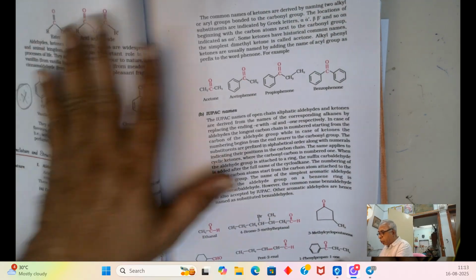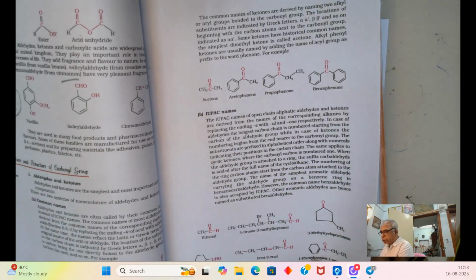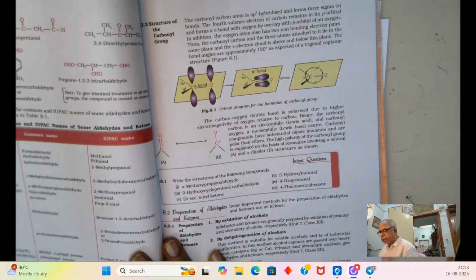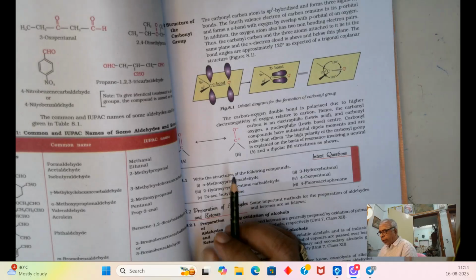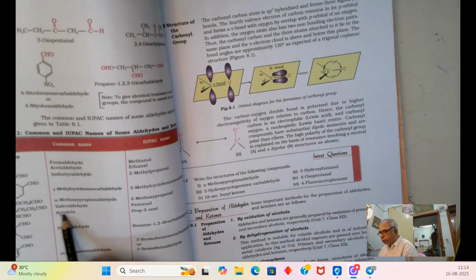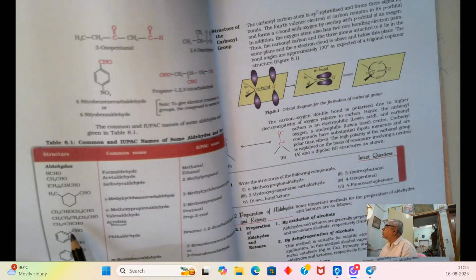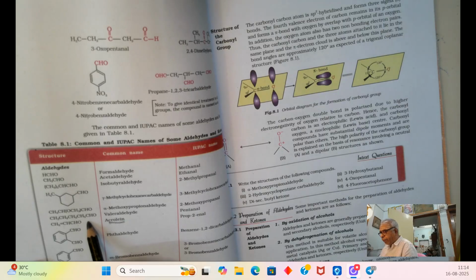And kindly go through the nomenclature of all these compounds, that is aldehydes, ketones, and carboxylic acid. And particularly this table is very important. For example, acrolein. This is nothing but CH2 double bond CH, CHO.